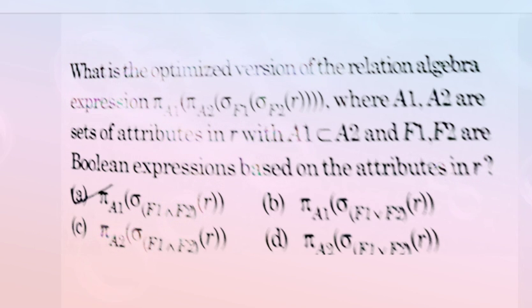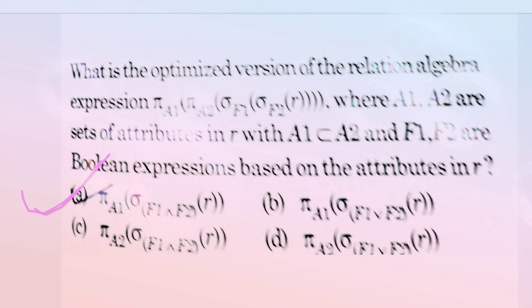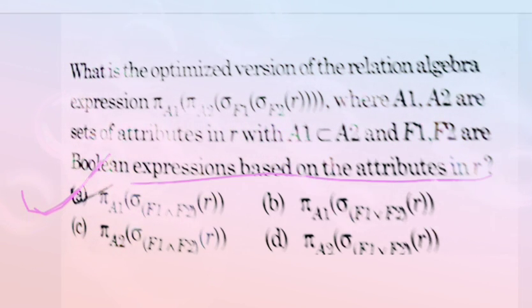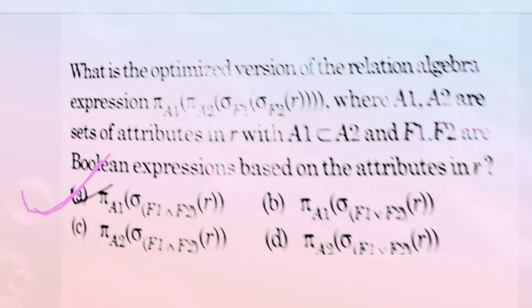There are four options, A, B, C and D, and the correct answer is option A, because based on the given attributes in R, option A is the correct representation.